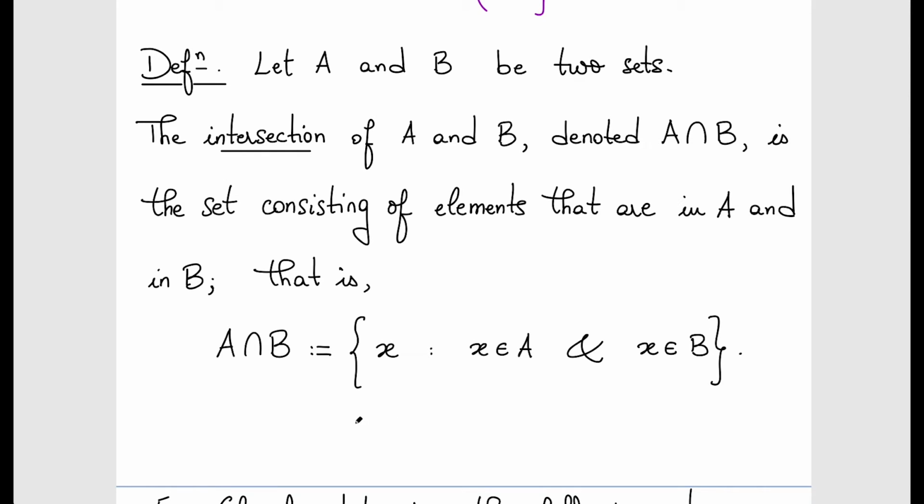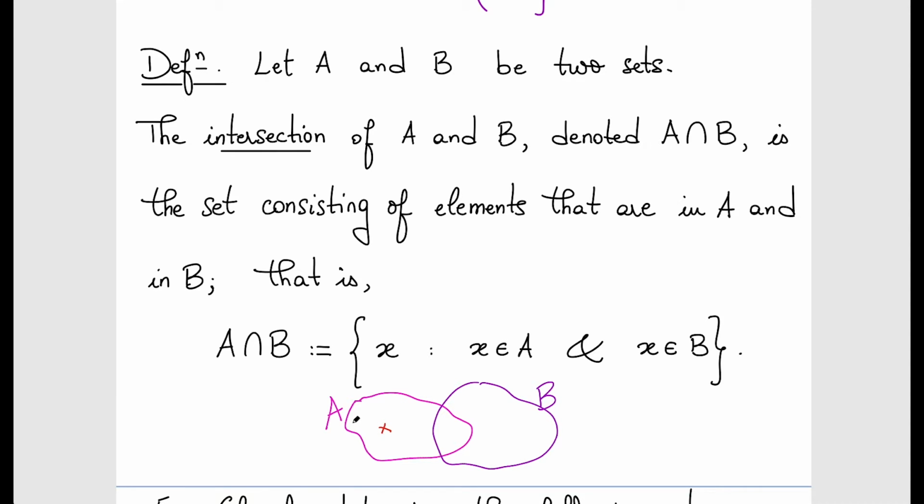So how can you picture this, if you will? If this is the set A, and that's the set B, what are the objects that are at the same time in A and in B? Is this guy such an object? Is this guy a pink guy and a purple guy?